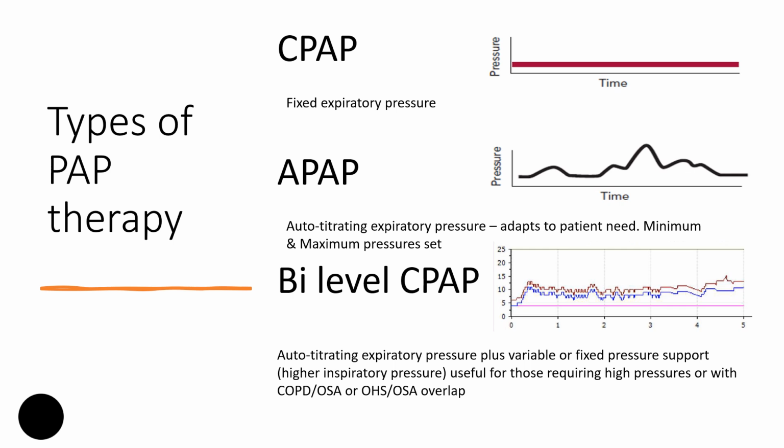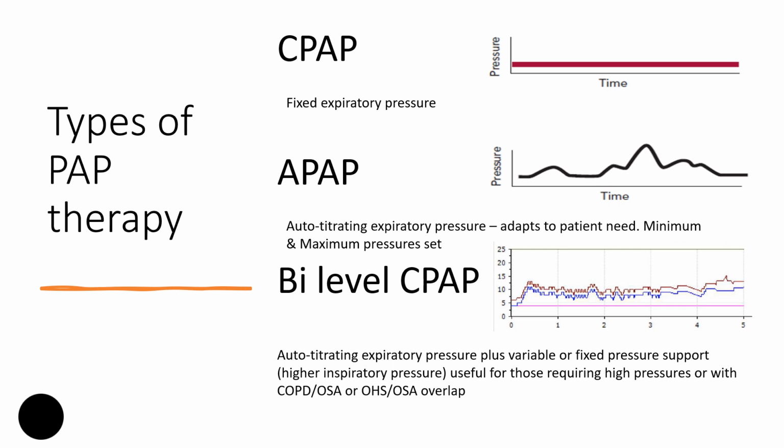So it'll usually start off quite gentle, and then as you start falling asleep and your airways start collapsing, it increases the pressure to what you need. There are pros and cons with each type, and so we will choose which we think will be best suited to you. And I'm going to talk a little bit about how we pick this pressure in the next slide.